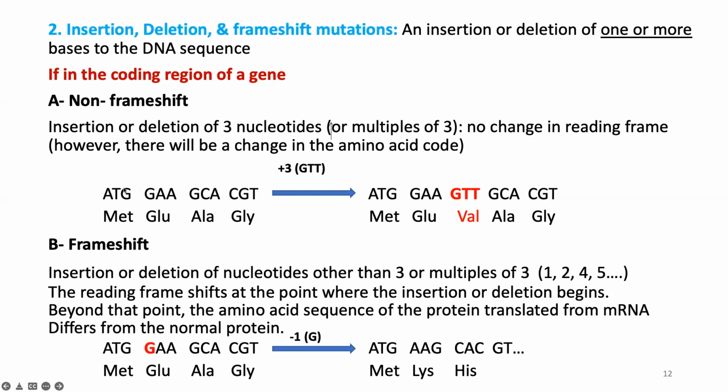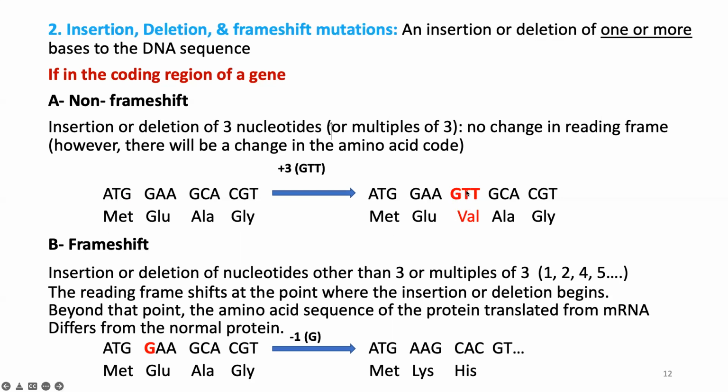Let's have a look at this example. If we have an insertion of 3 nucleotides, GGT, the amino acids following that insertion are still the same. Alanine is still alanine, glycine is still glycine. Therefore, this kind of non-frameshift indel might not have a lot of consequences because only one amino acid is inserted.